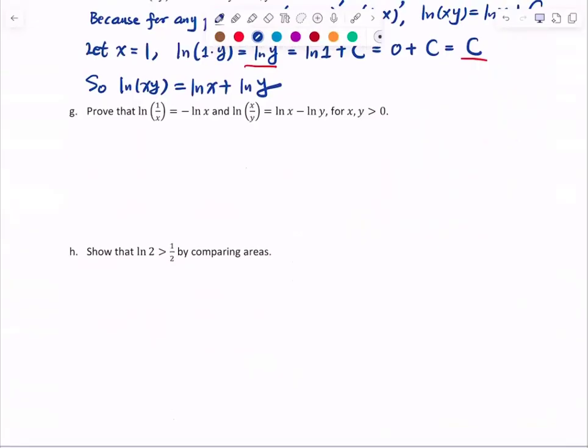So let me draw a picture for it. Notice that I didn't use the x-axis, I used the t-axis. And the graph that we're going to have here is 1/t.